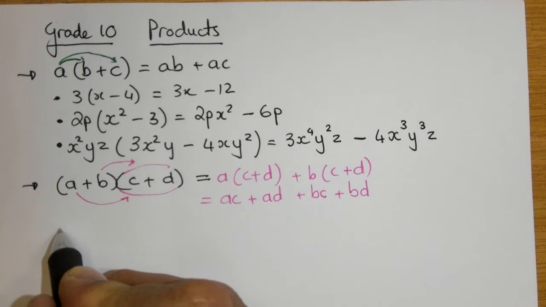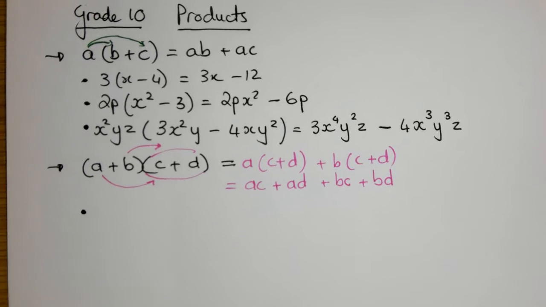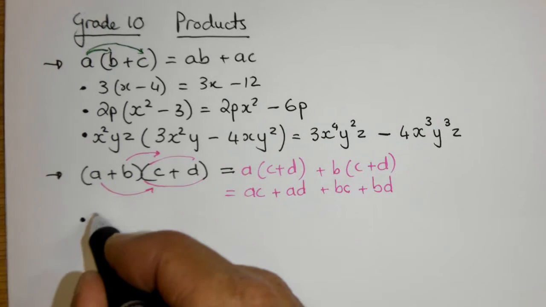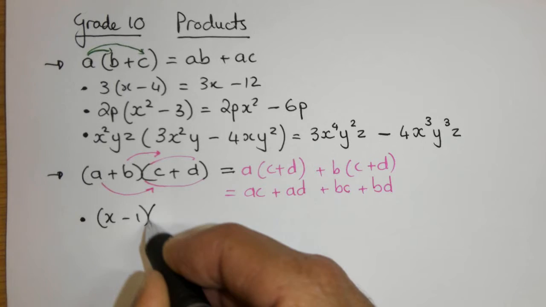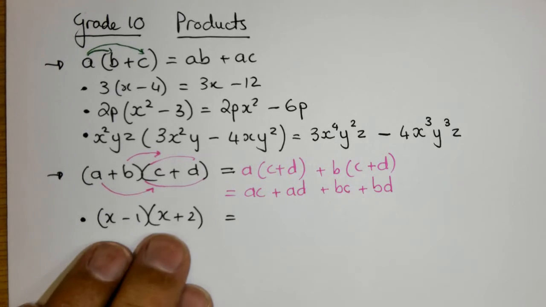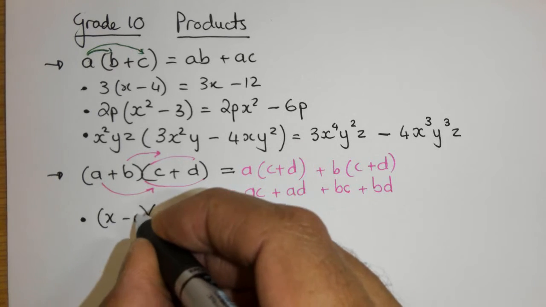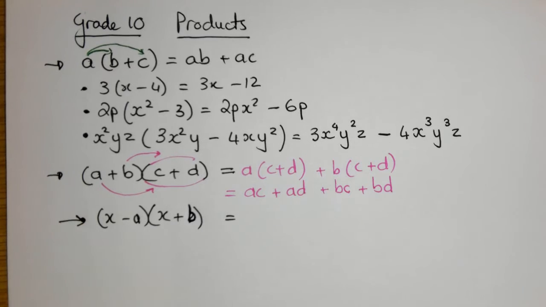So let's look at what happens if I multiply two binomials together. Let's say x minus 1 and x plus 2. You can take this as a form, or let's say this is a b first, and let's make this an a, and we talk about this thing as a form.